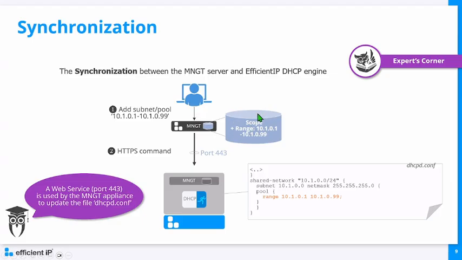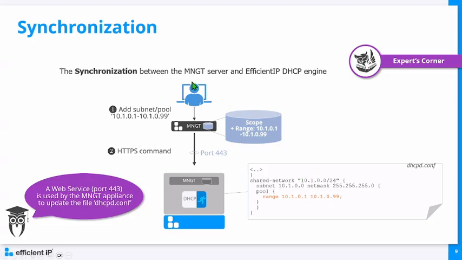And whatever changes are updated in the management database will be instantly pushed to the remote DHCP server, right? And the remote DHCP server engine config file will be updated accordingly.